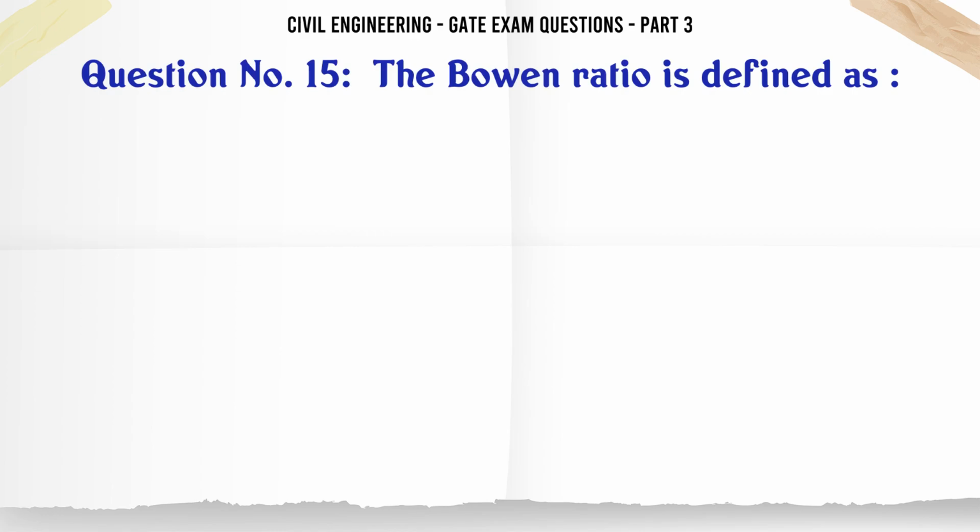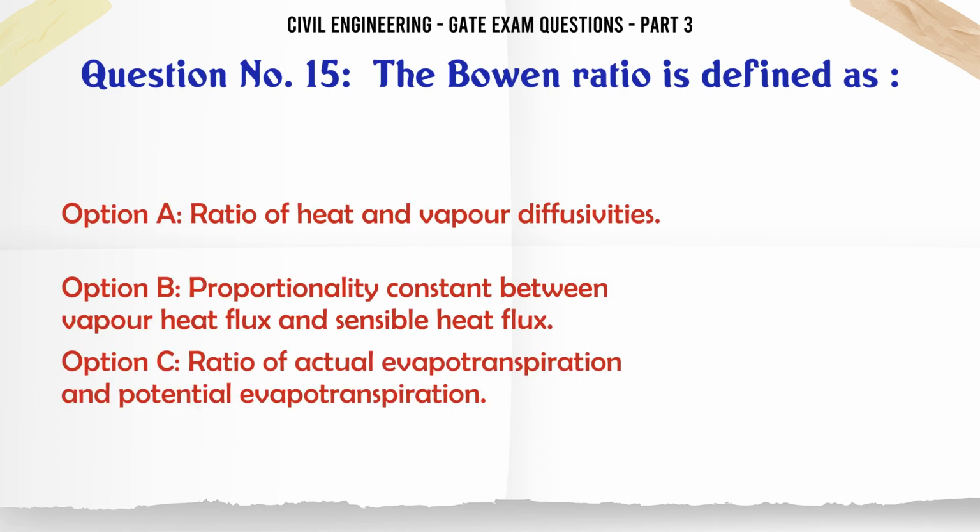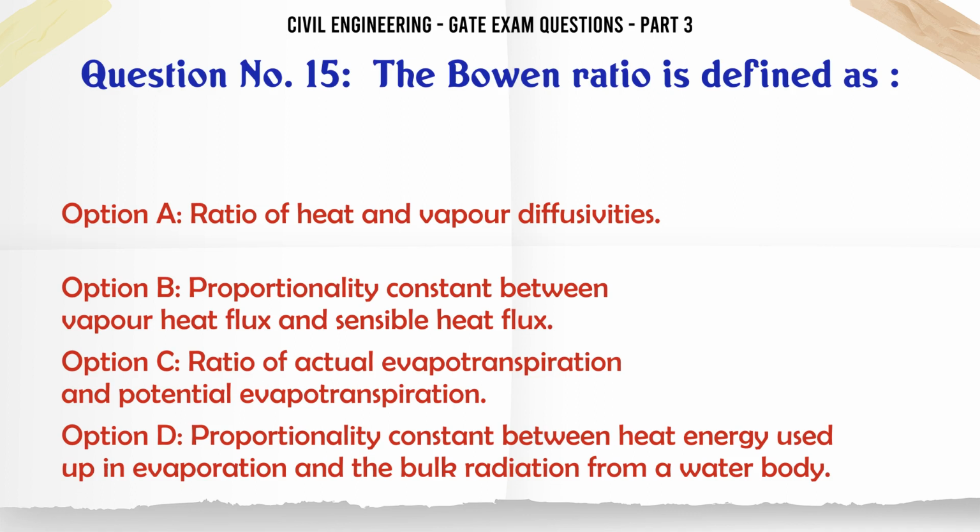The Bowen ratio is defined as A. ratio of heat and vapor diffusivities, B. proportionality constant between vapor heat flux and sensible heat flux, C. ratio of actual evapotranspiration and potential evapotranspiration, D. proportionality constant between heat energy used up in evaporation and the bulk radiation from a water body.